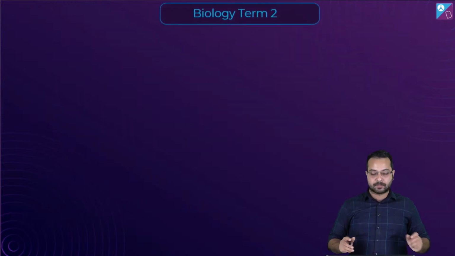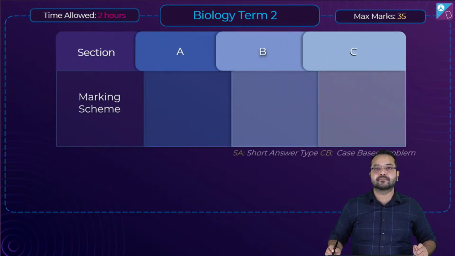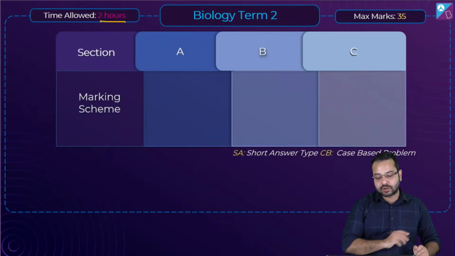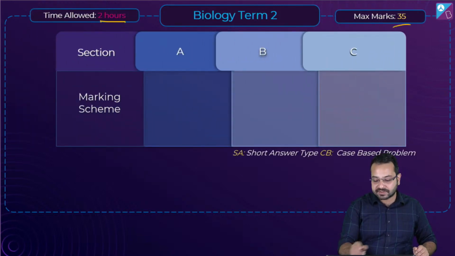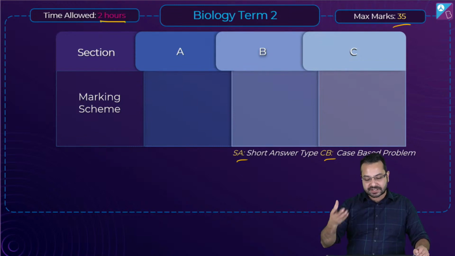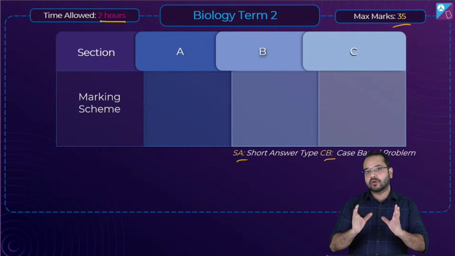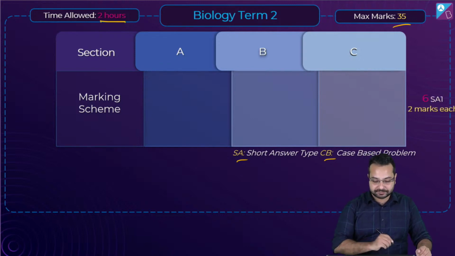And what is the pattern for term 2? The time allowed is 2 hours. The maximum marks is 35. Again, they are going to be short answer type questions and case-based questions. A major difference that we have seen here is that they have introduced these case-based questions, and they carry a good amount of weightage.